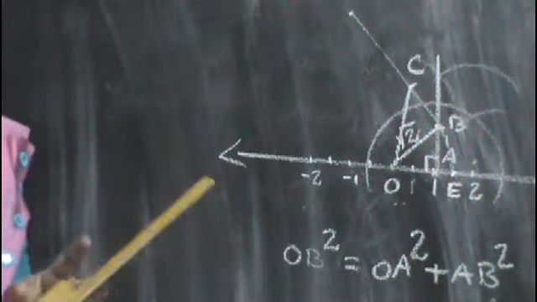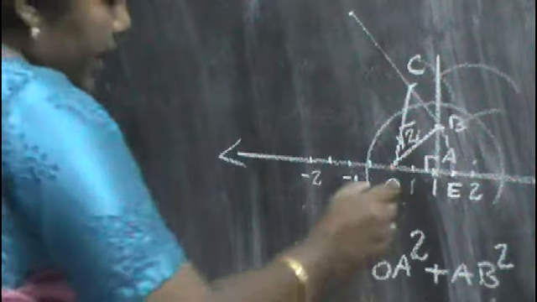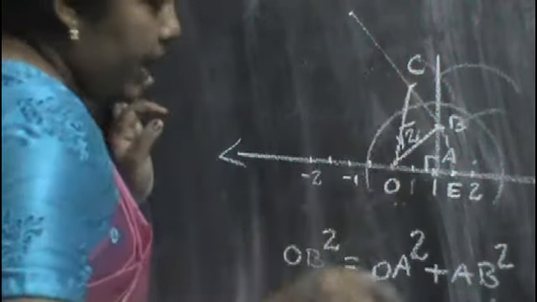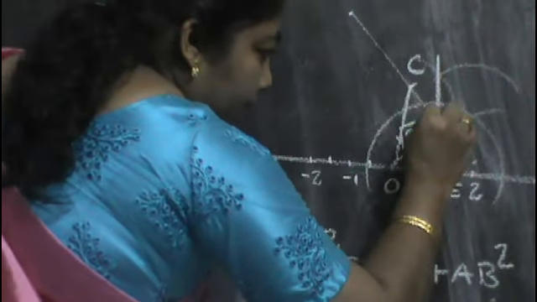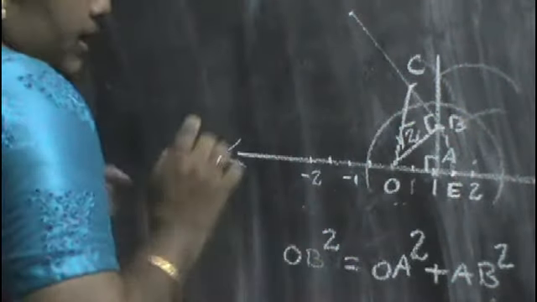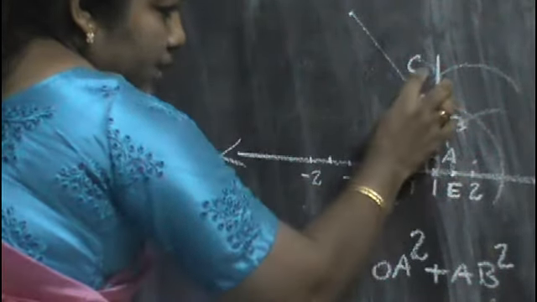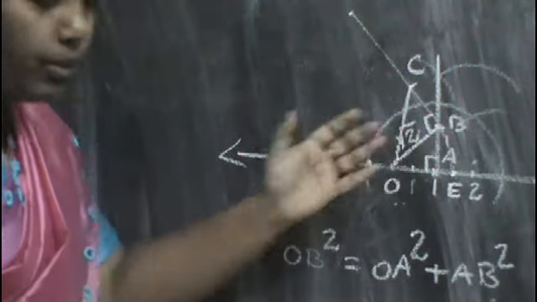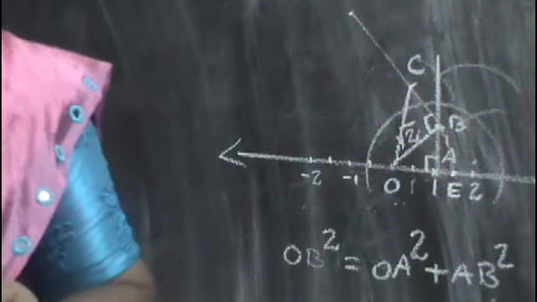Is it clear? Then all of you listen. This triangle BOC is again a right triangle, because here we take 90 degree. So here also we can apply the Pythagoras theorem.